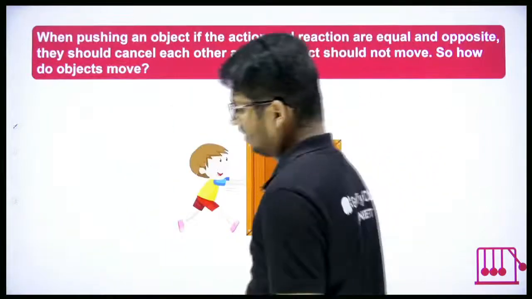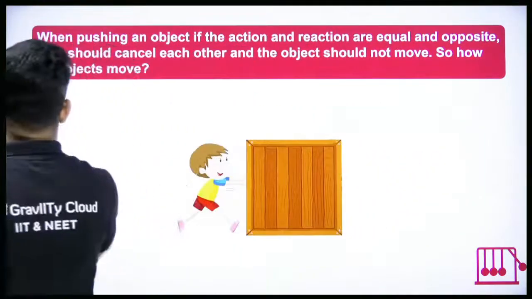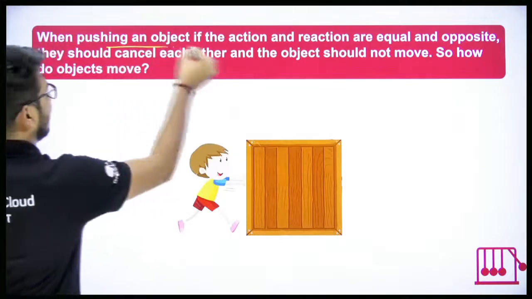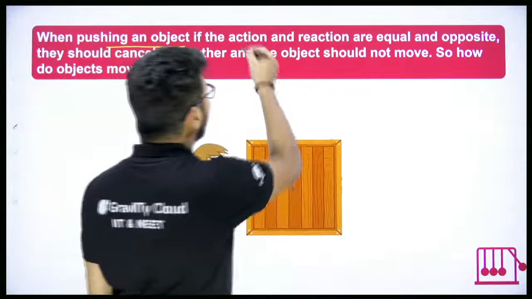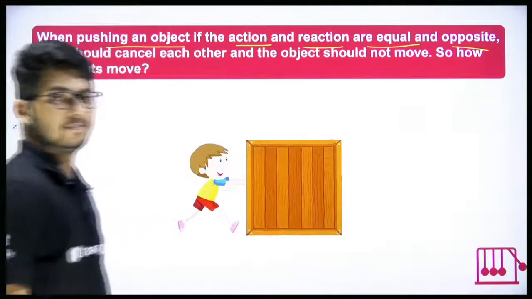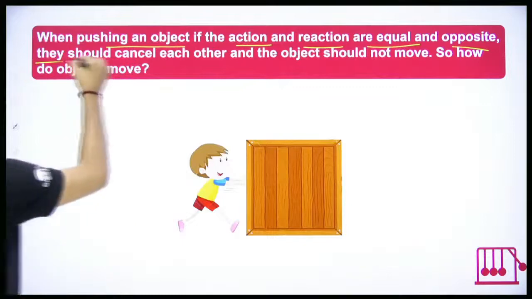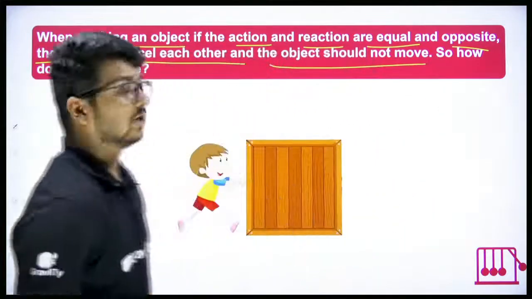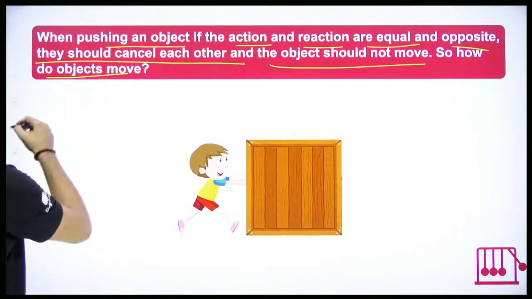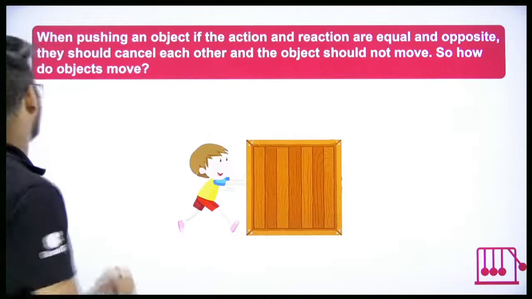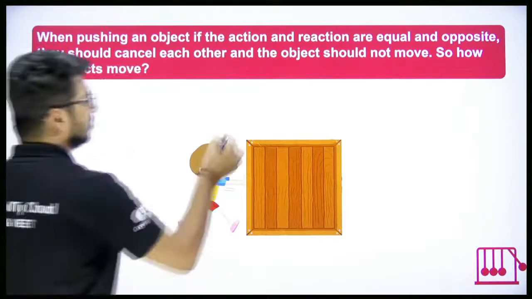Yes? Good. Next. Now this is a very important question. Understand this. When pushing an object, if the action and reaction are equal and opposite, they should cancel each other and the object should not move. So how do objects move? See, on the object there are two forces here, yes or no?